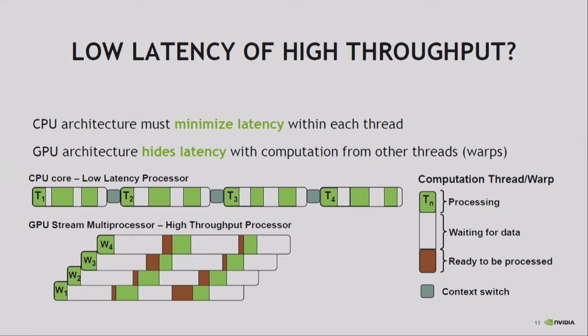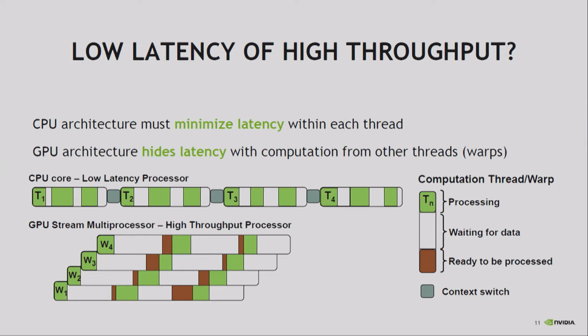But it's sequential. On the GPU, we have these warps of 32 threads, and to load all this data takes quite some time. So we switch from warp 1 to warp 2. Warp 2 does some processing, then we switch to warp 3, and then warp 4.